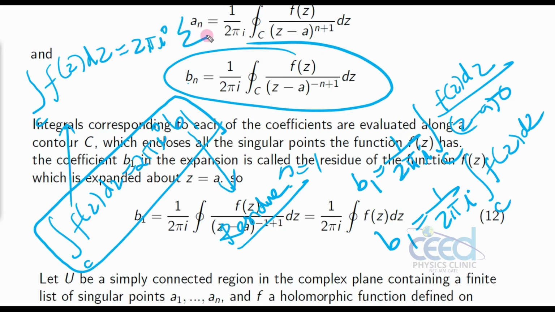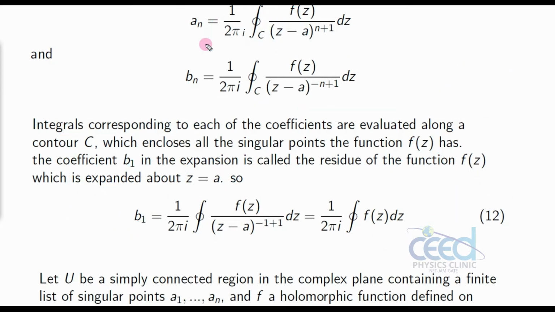So we have many bn coefficients, b1, b2, b3, etc., and I can write this sum of residues as sigma of residue. We have a lot of methods to calculate this residue, which we will discuss later. Once you know the residue, you can calculate the complex integral, so that is very important.